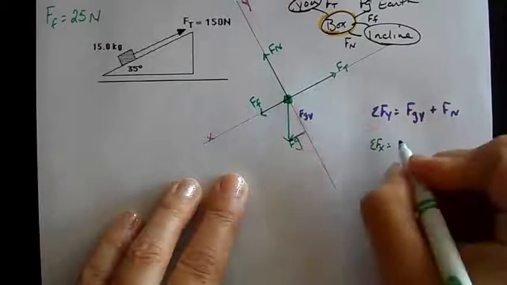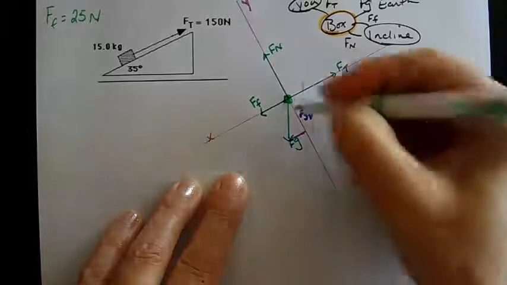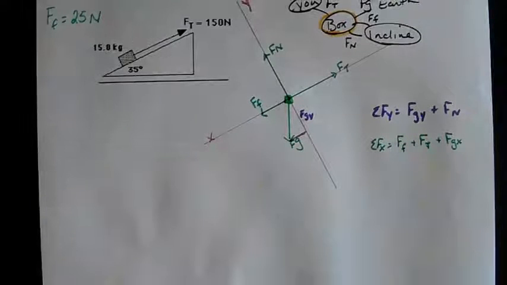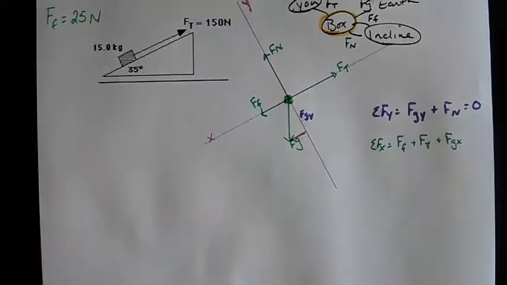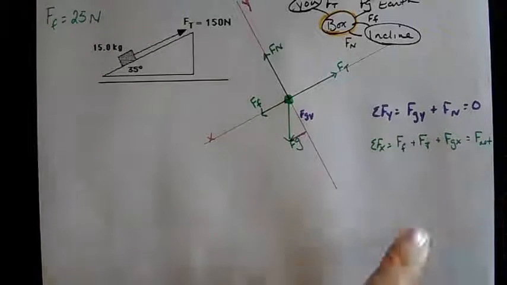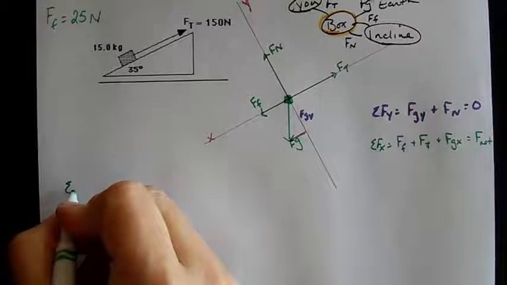We have our force of friction, our force of tension, and then our x component of gravity. Now this is still 0. There's still no acceleration in our y direction, but this is going to have some net force. So I should have written that over here.